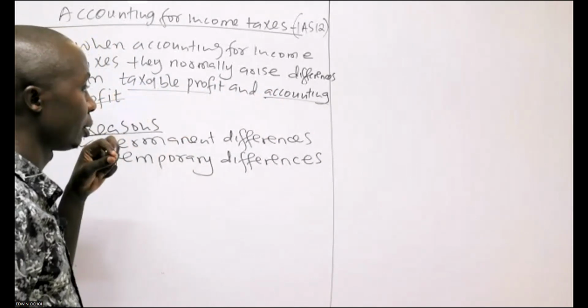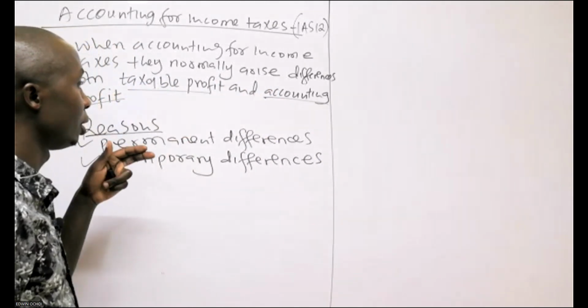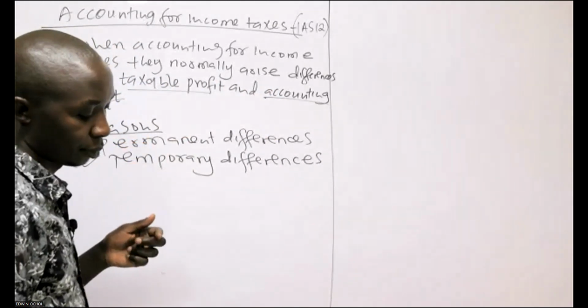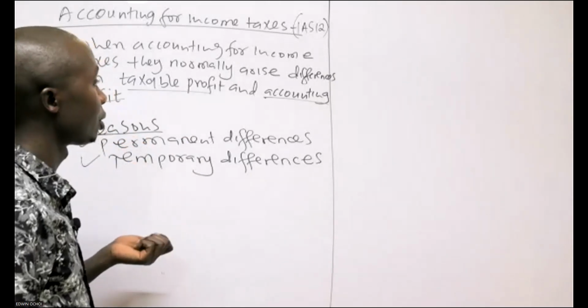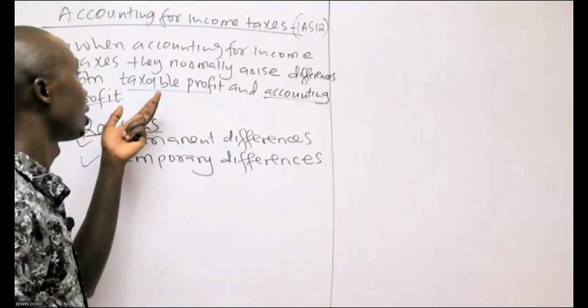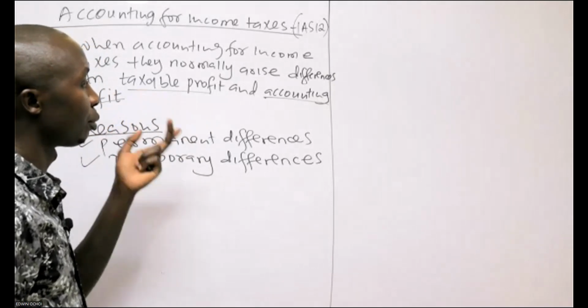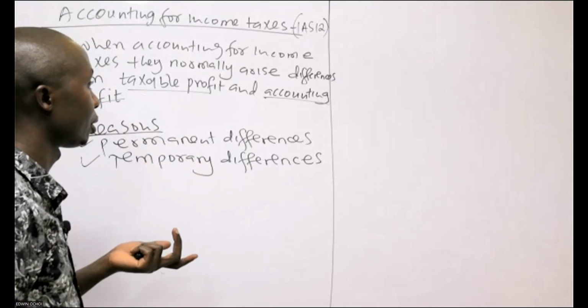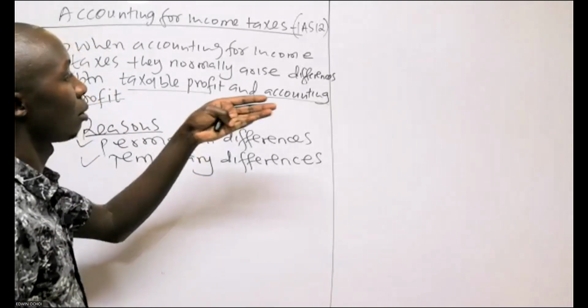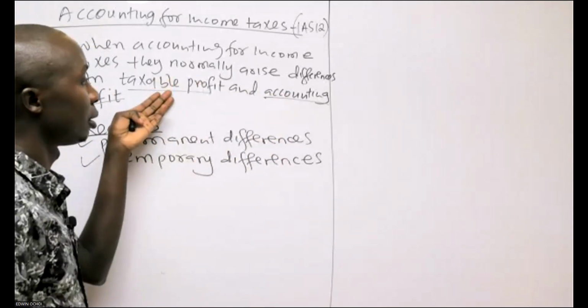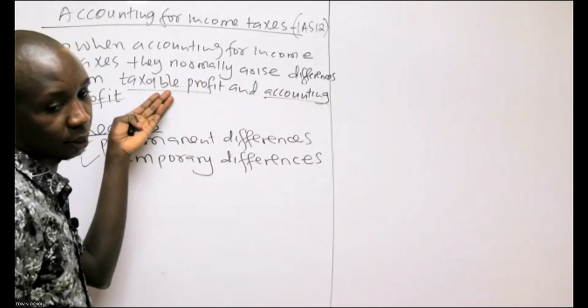Incomes and expenses. There are some expenses which are considered in accounting but ignored for tax, like depreciation. It's considered as allowable in accounting, but disallowable under tax.